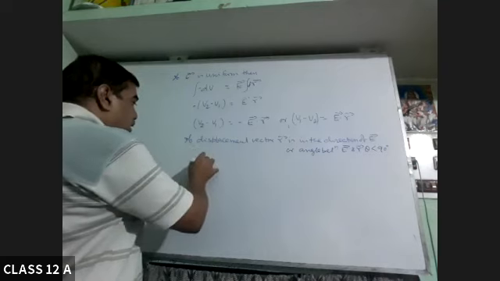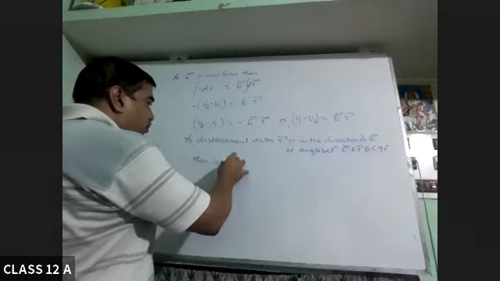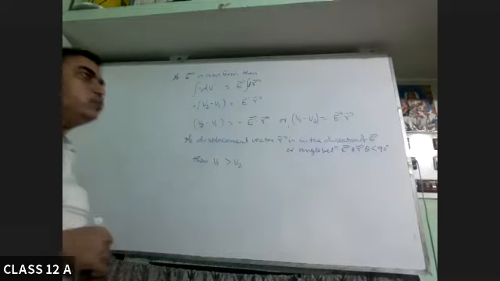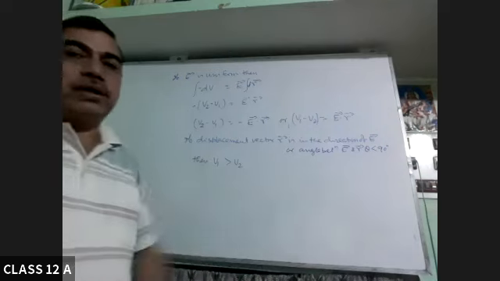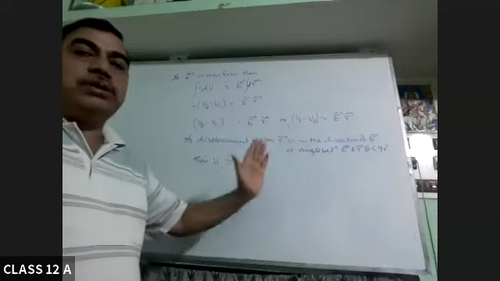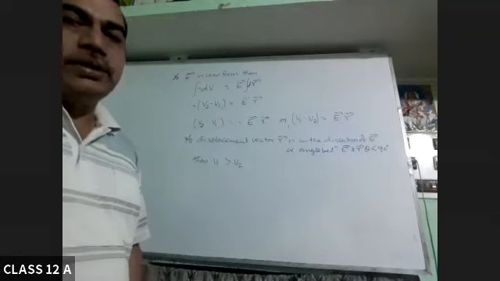Then this V1 will be more than V2. That means if you are moving in the direction of the electric field, potential will keep on decreasing.